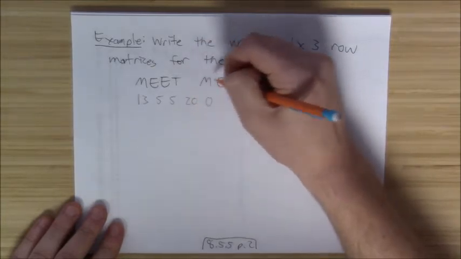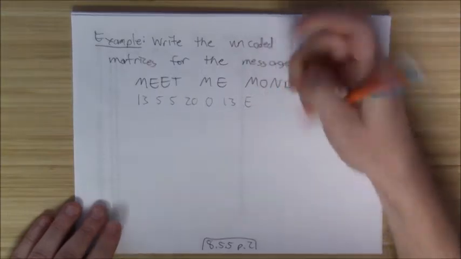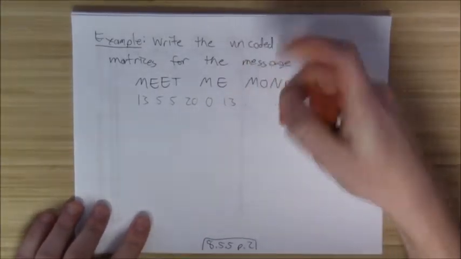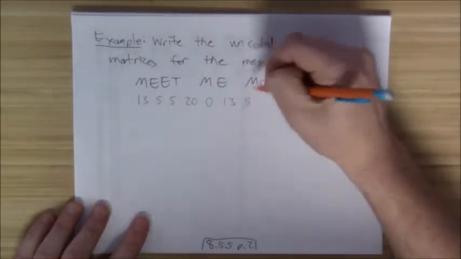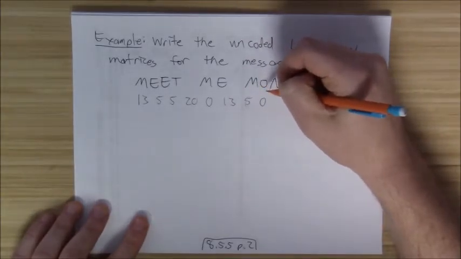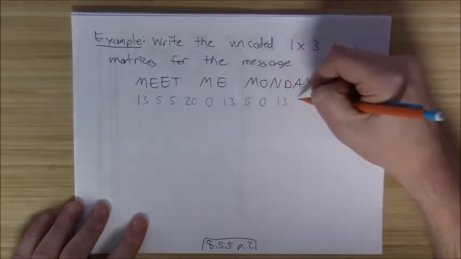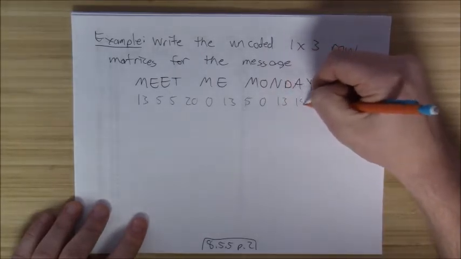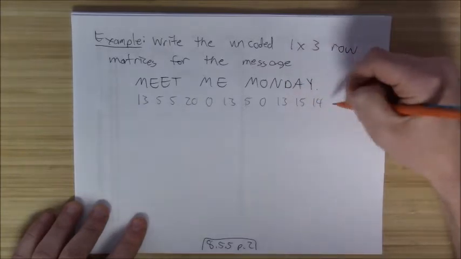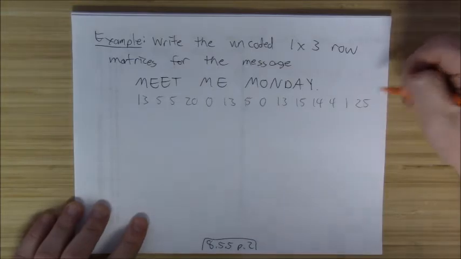Then we have a 0. Then we have M, which is 13. E, which is 5. Then a 0. And then we have an M, which is 13. O is 15. N is 14, D is 4, A is 1, Y is 25.